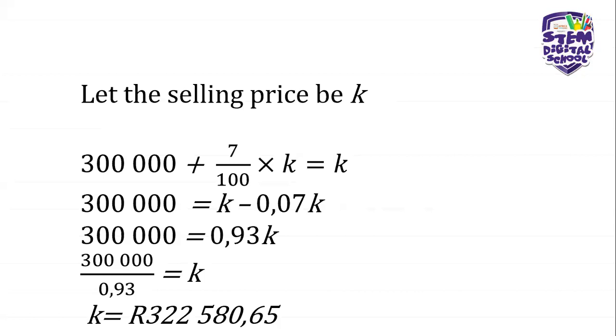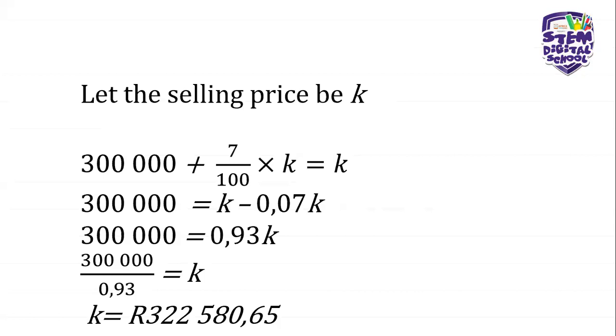So basically, when you divide 300,000 rands by 0.93, the amount that you get will be 322,580 rands and 64 cents. It's 64516129. And the amount that we have here has been rounded off. So as you round off, you will be able to tell that this will be the amount.